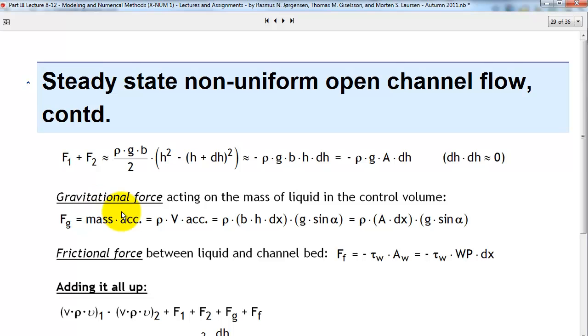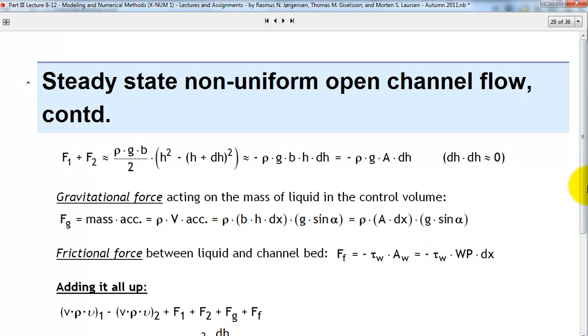Then you of course have the gravitational forces acting on the mass of liquid in that small volume you have. The small volume, if you move delta x and the change in height, when you calculate that, you get this expression.